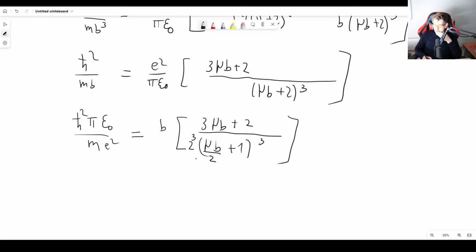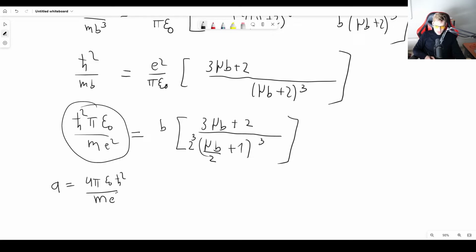And now let's see. We have 2 cubed, which is 8, and there's a few things we can do. If you look at this thing right here, it is a big mess, but we can make it look a little bit better. As you might recall, the Bohr radius A is 4 pi epsilon 0 h bar squared divided by the mass of the electron times e squared.